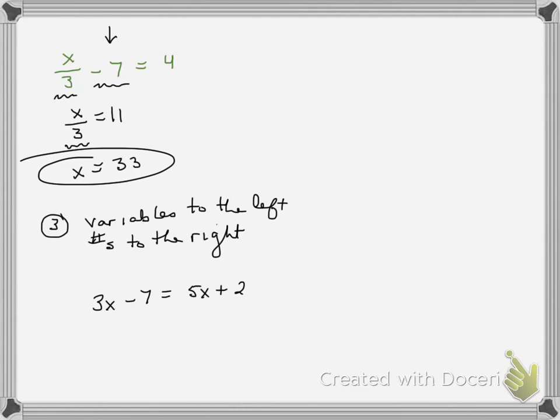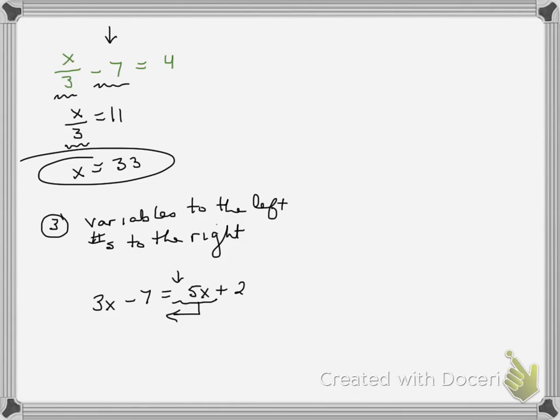So now I'm going to move variables to the left. So I need to get rid of this whole thing, not just the number part, the whole thing. I want to move that to the left side so I can combine it with the other x term. So right now, you want to look at this sign right there, whatever sign's before. A no sign is the same as a plus sign. So I want to subtract 5x.